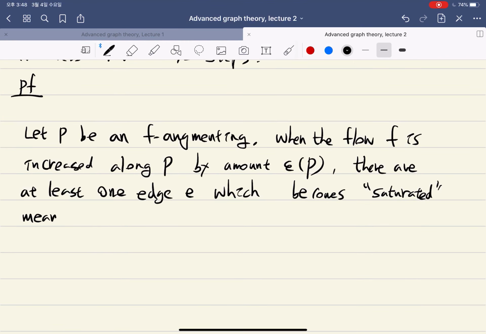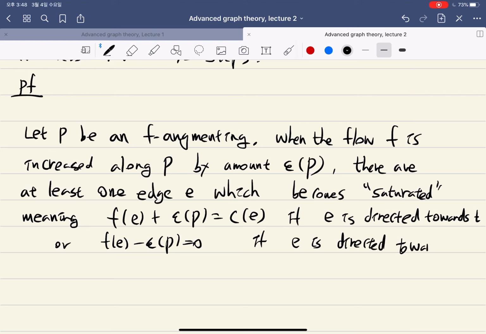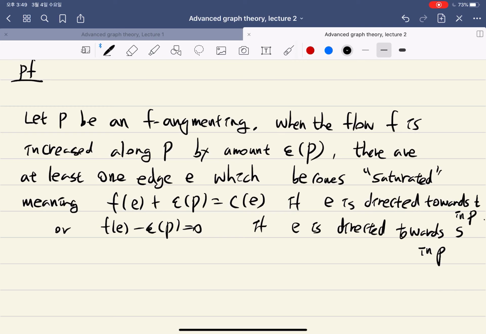Meaning f(E) plus epsilon P is either the capacity of E if E is directed towards T, or f(E) minus epsilon P is 0 if E is directed towards S in P. So there must be such an edge.